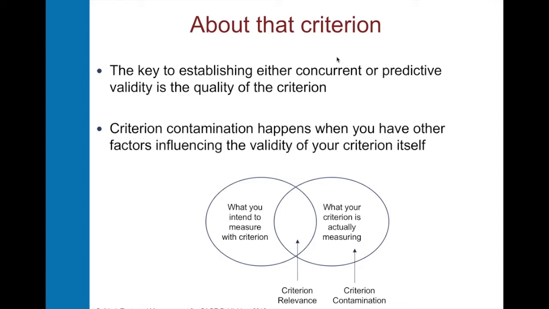So it may be obvious to you right now that the key to establishing either concurrent or predictive validity is the quality of the criterion, obviously. If your criterion is not accurate or a meaningful reflection of what you want to measure, then whatever correlation it is that you're getting means nothing.